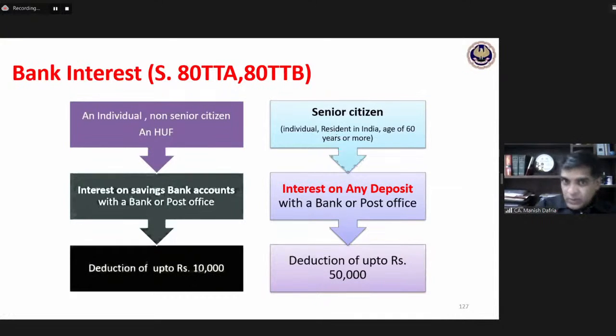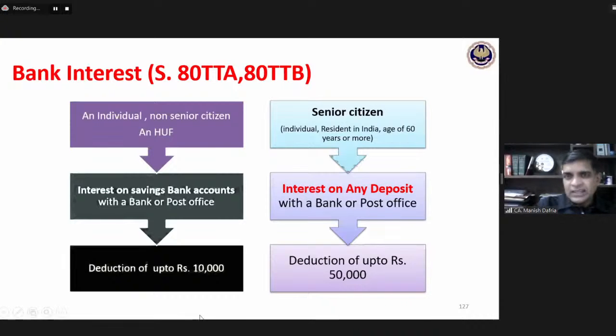So that's why these two sections create a good amount of confusion, particularly 80TTA, whether FD interest, because that is also coming from a bank, whether that bank FD interest is eligible for exemption. If I'm covered in 80TTA, only savings bank interest is deductible. If I'm in 80TTB, any interest from bank is deductible, including FD interest.